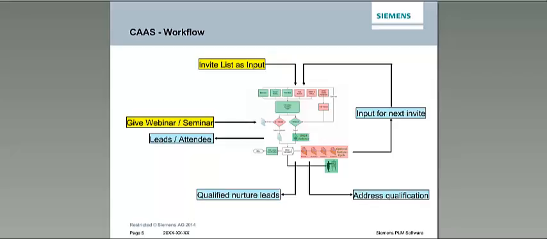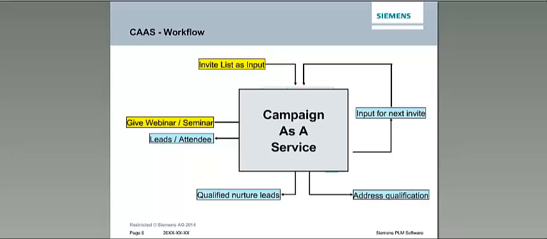Because then it is probably in 8 weeks, and you can run exactly the same thing again, because it doesn't cost you additional resources and it doesn't cost you any additional budget. So that whole block in here, and that's the reason why I made it so tiny, is really a campaign as a service. You deliver the invite list as an input into that service model, and you will get leads and then qualified nurture leads out of it. So that is in essence the total idea about that.